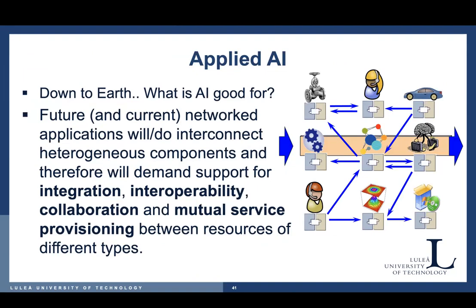The key problem here is that now, in the 21st century, information, technology, and users became very ubiquitous. They are heterogeneous.